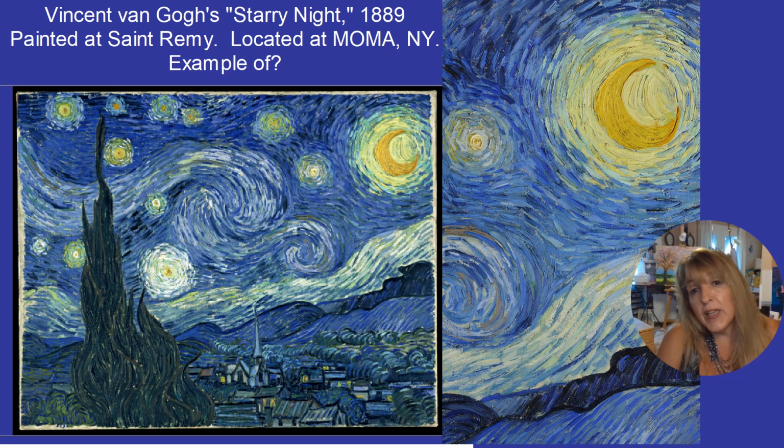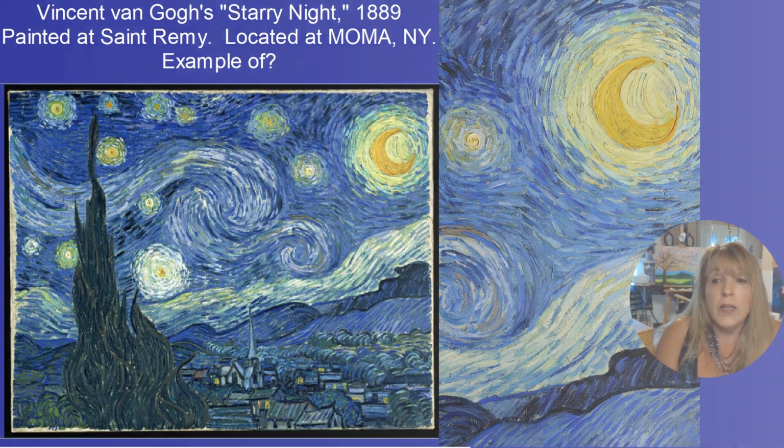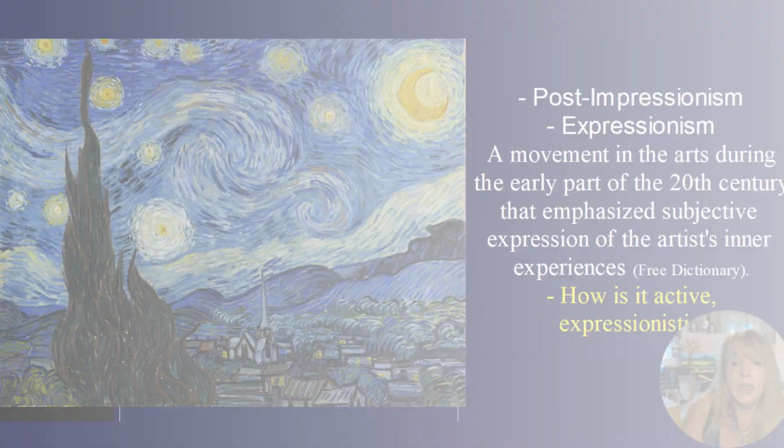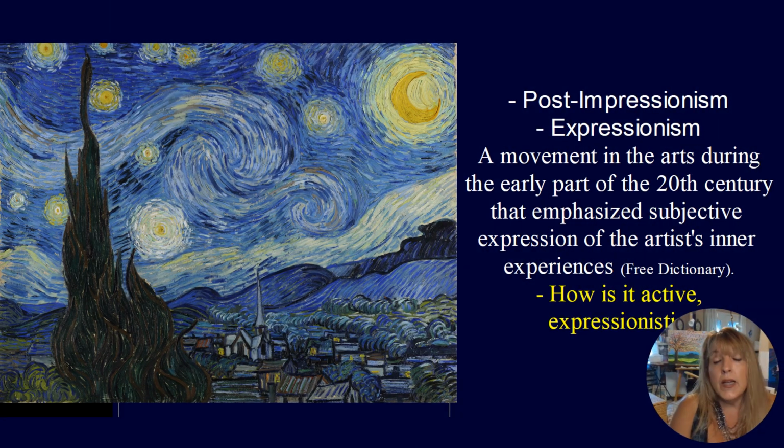So again, there's a lot of different theories about Starry Night, and if you Google it, you can come up with 10 more. Post-impressionist, expressionist, and again, it's about the artist's inner experience, and so it's very, very active and expressionistic.